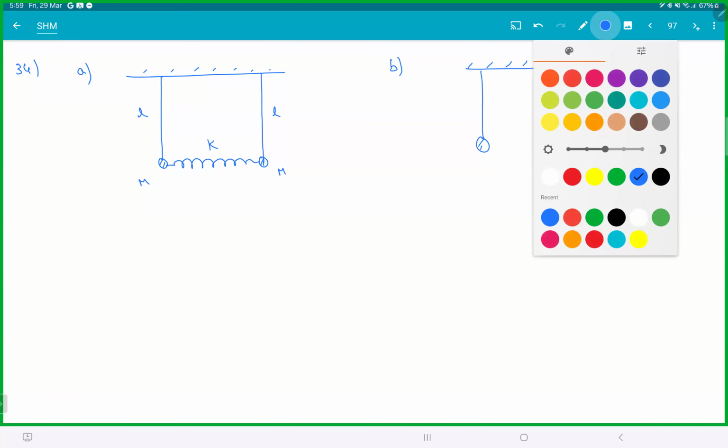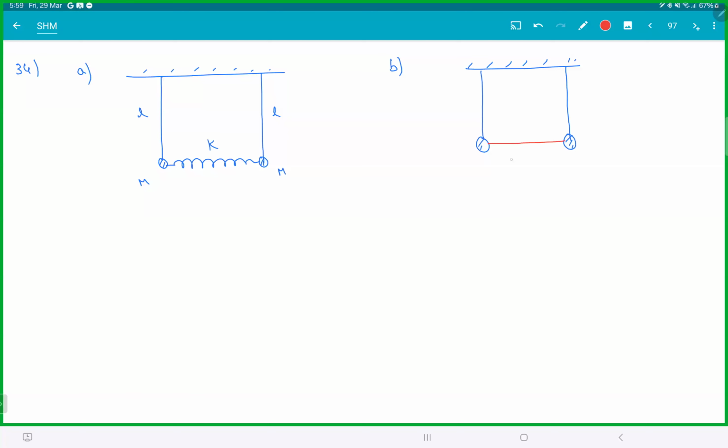So we have this thing, and we have an elastic thread, spring constant K. Same data, length L, mass M. So both the pendulums are pulled apart and released. Means you're catching both of them and pulling them left and right. Both pendulums are pulled apart slightly. So it is not too much, meaning small thetas.